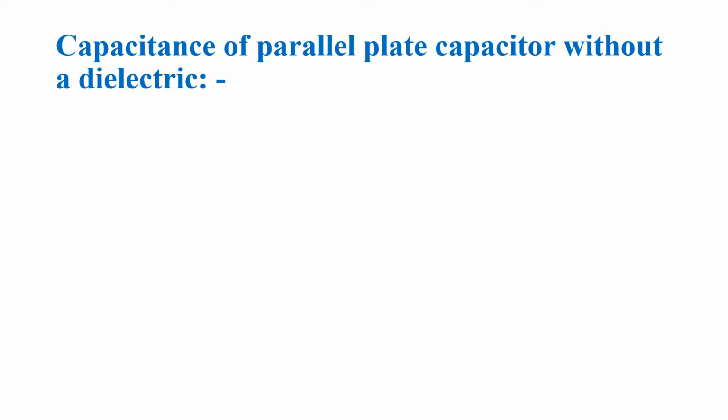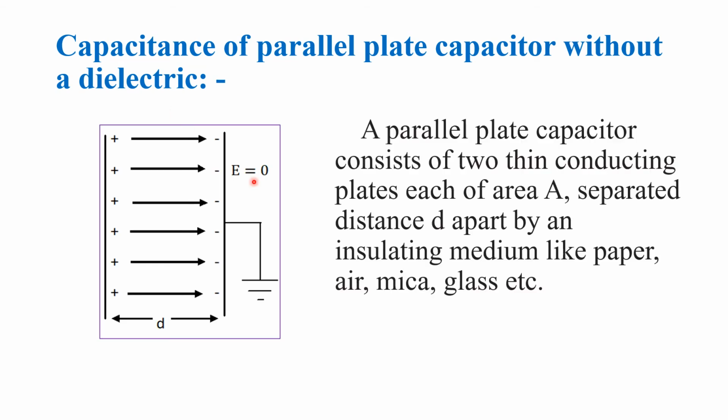Here we will find the capacitance of a parallel plate capacitor without dielectrics. A parallel plate capacitor consists of two thin conducting plates, each of area A, separated by distance d by an insulating medium like paper, air, mica or glass, etc. So these are two plates.